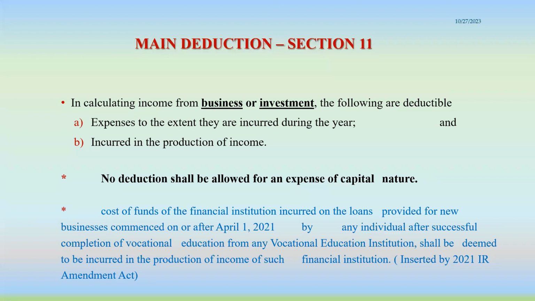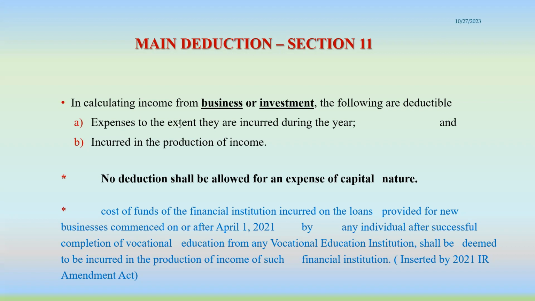So in this section, it says in calculating income from business or investment income, the following are deductible expenses to the extent they are incurred during the year. That means if we incurred expenses that are relevant for producing this income, then that is allowable as a deduction.